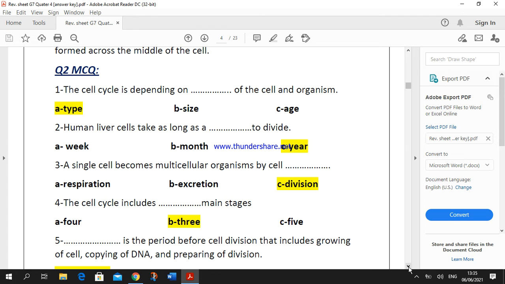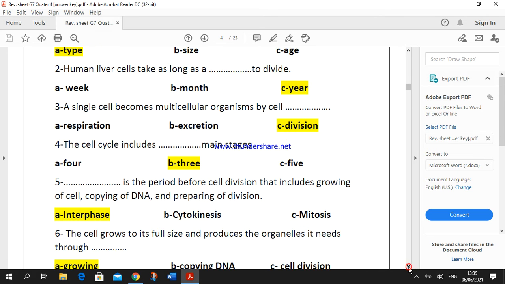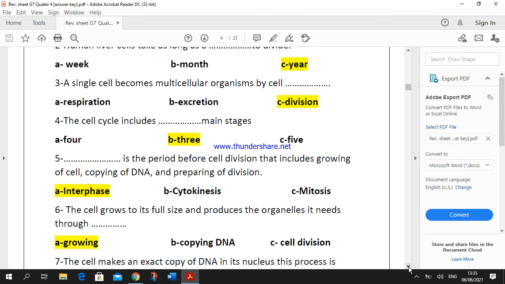So cell division helps in growth. 4, the cell cycle includes 3 main stages: interphase, mitosis, and cytokinesis. 5, a period before cell division that includes growing of the cell, copying DNA, and preparing for division. This period is known as interphase.